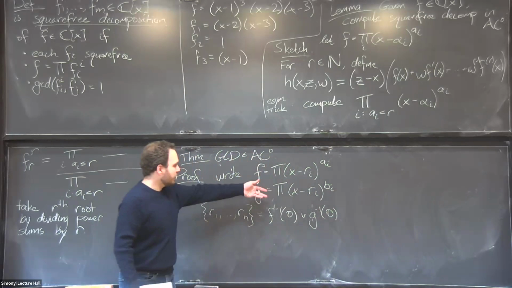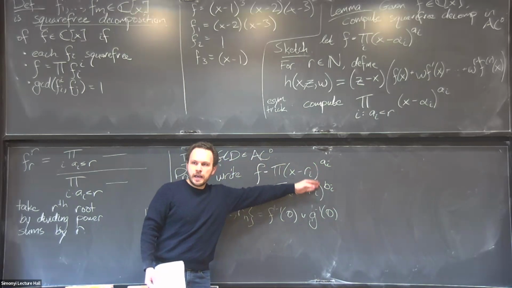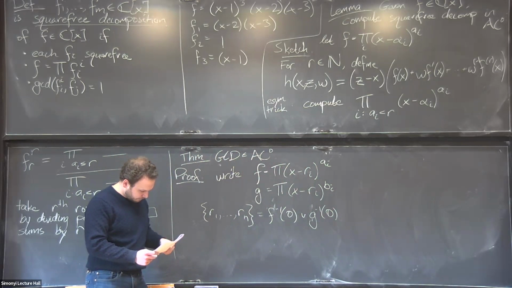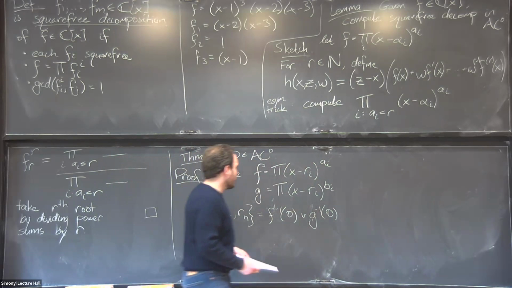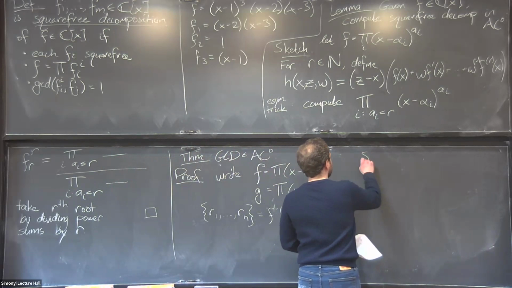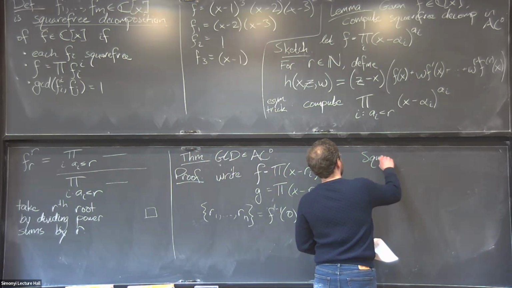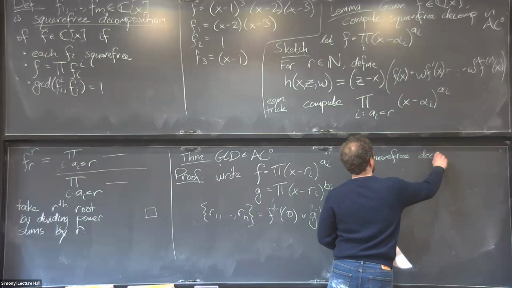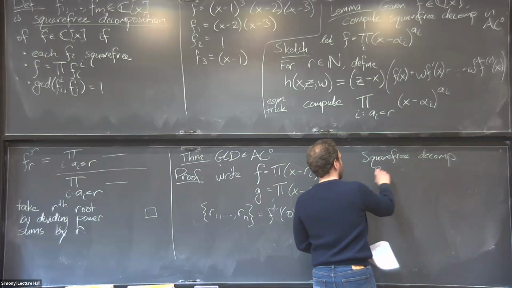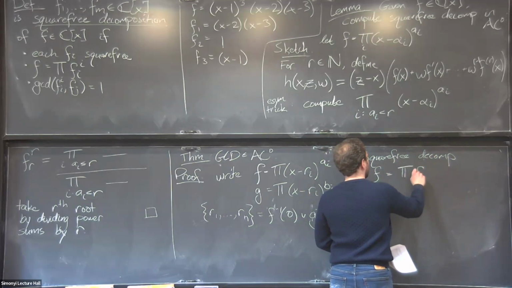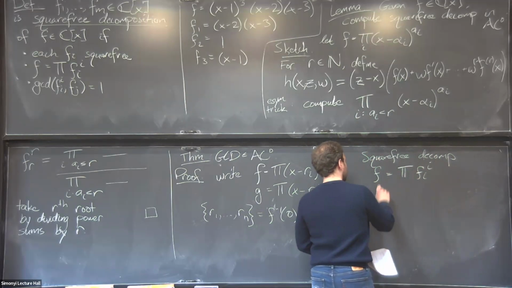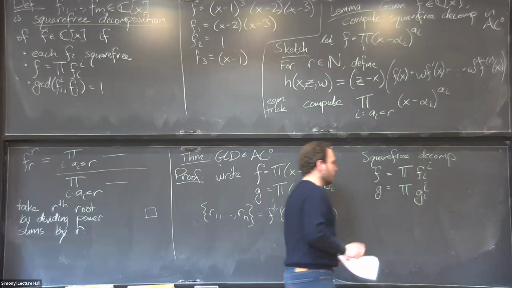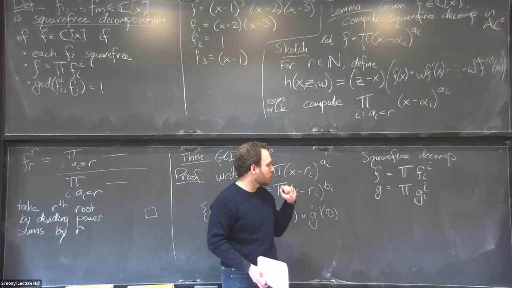That is to say that some of these multiplicities, ai and bi, they could be 0, right? Okay. The other thing I need is the square free decompositions of f and g. So I'll write f as the product of fi to the i and g as the product of gi to the i. We saw we can compute this in constant depth.